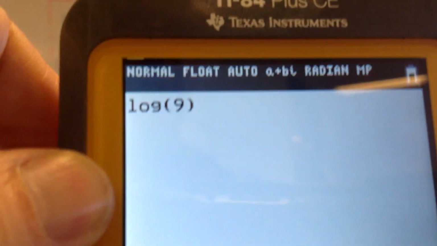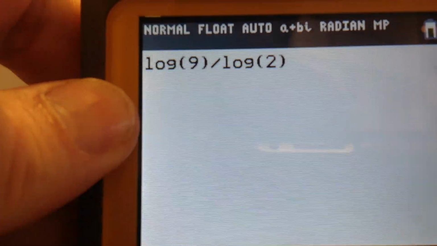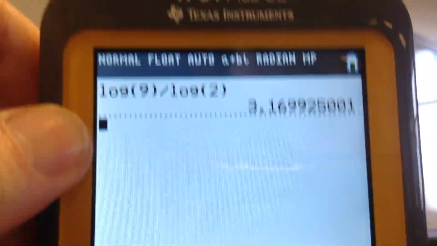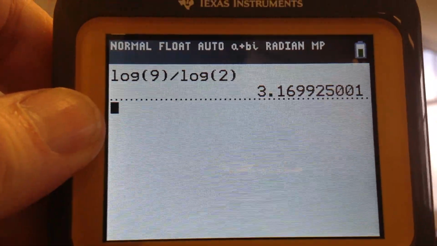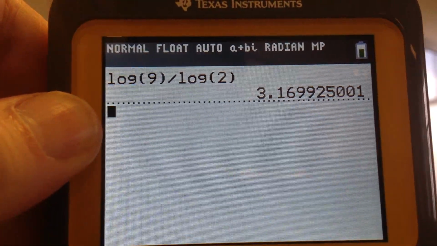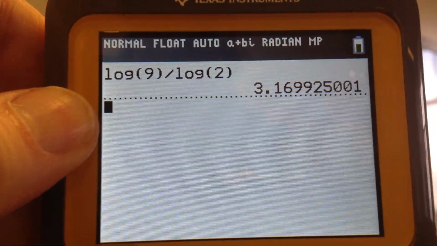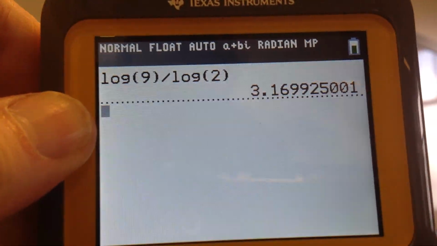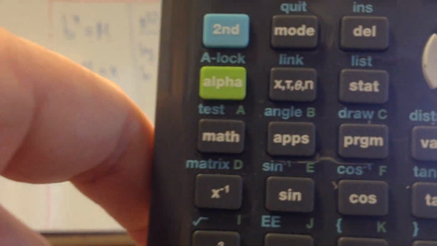And there they are, right above the 8 and the 9. So there's log 9. Now we can do divided by log 2. So there's our calculation, log 9 divided by log 2, and that gives us an approximate answer of 3.1699, or about 3.17.